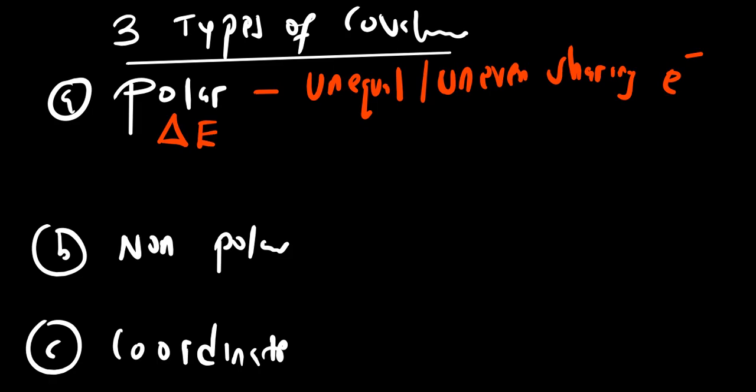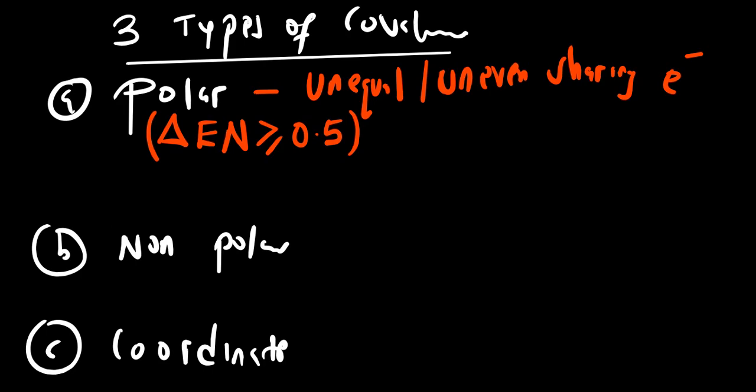So the electronegativity difference for a polar covalent bond will be greater than or equal to 0.5. There's a table about this, but you don't need to master the table. You just have to know that if after you calculate, you find that your answer is greater than 0.5, then the bond is polar.